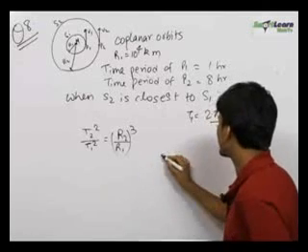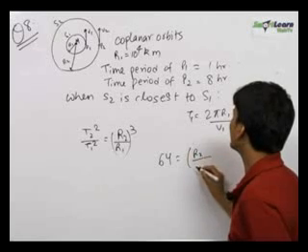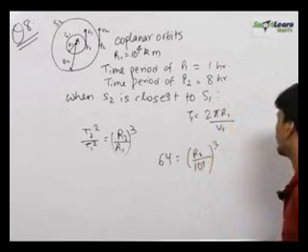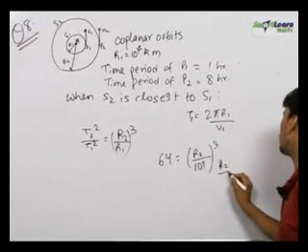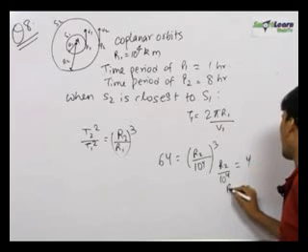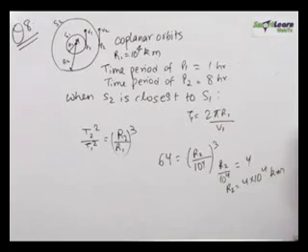Therefore 8 square, that is 64, is equal to r2 upon 10 raised to the power 4 whole cube. Therefore r2 upon 10 raised to the power 4 is equal to 4. Therefore r2 is equal to 4 into 10 raised to the power 4 kilometers.